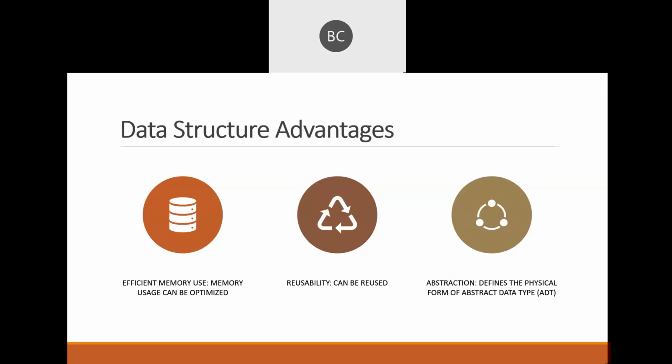Then comes abstraction. In your syllabus there is a term written ADT. ADT means abstract data type. An abstract data type provides a level of abstraction. The client program uses the data structure through the interface only, without getting into the implementation details.